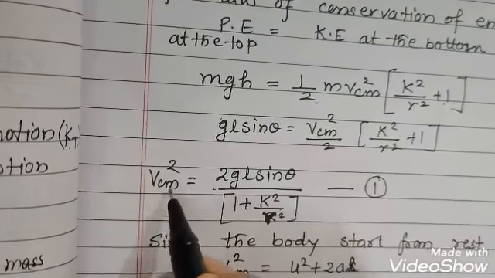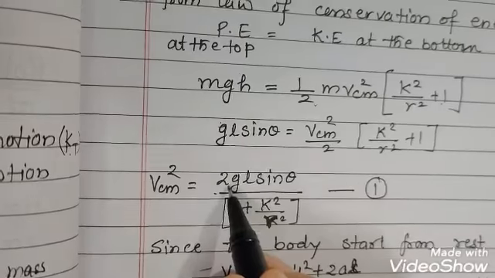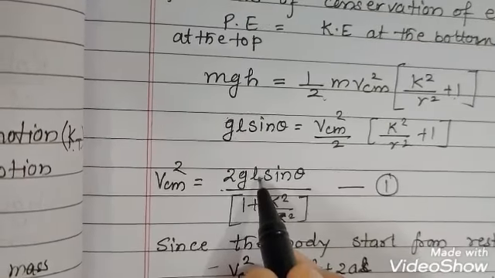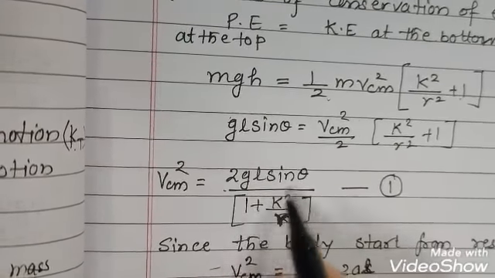So vcm square is divided by 2L. From equation 1, vcm square equals 2 g L sine theta upon (1 plus k square upon r square), and it is multiplied by 1 upon 2L. The 2L cancels, and the acceleration comes out as g sine theta upon (1 plus k square upon r square).